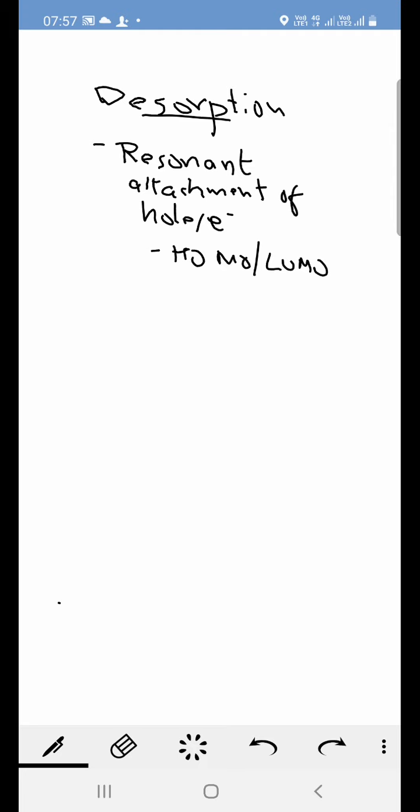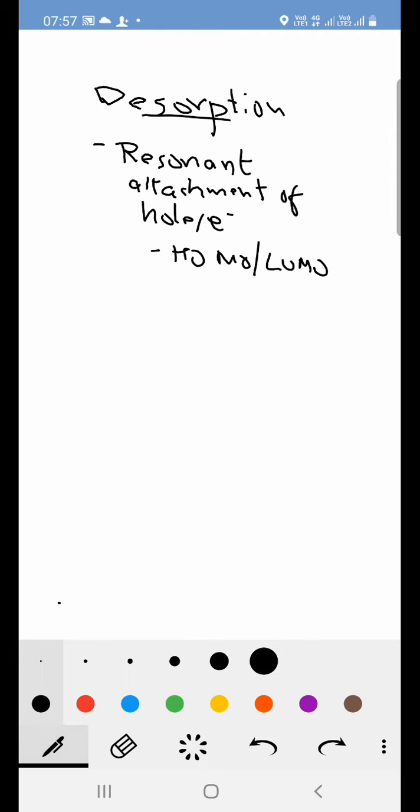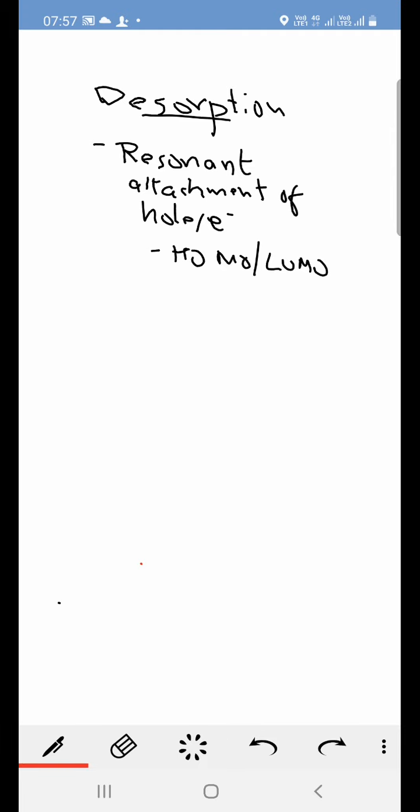We'll take one class to explain what a HOMO-LUMO gap is in another class, but for the time being, there is a resonant attachment of a foreign electron taking place, which is causing desorption.